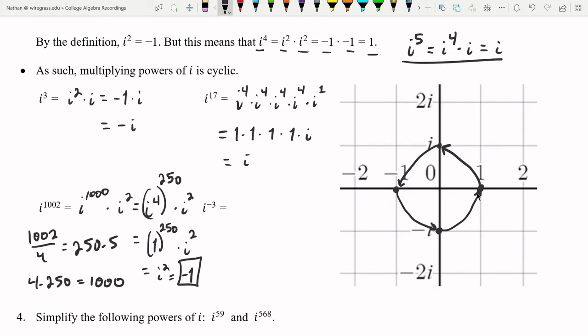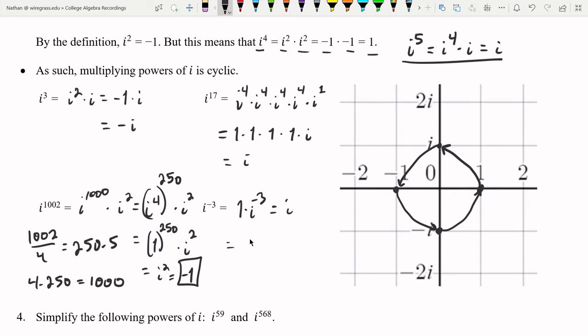So we're going to start at 1 because this is the same thing as 1 times i cubed. Sorry, an i to the negative 1 power. I to a negative 1 power puts us here. And i to 1 more negative 1 power puts us right here. So this is actually the same thing as i.